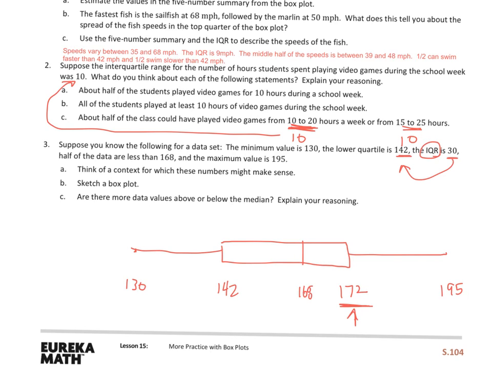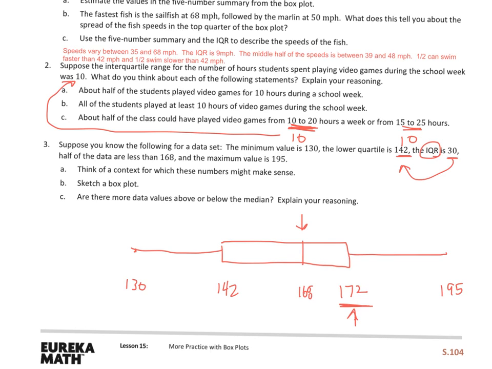C says, are there more data values above or below the median? So we know the median is right here. This is kind of a statement that we should know right away: the median tells us the halfway point of the data, meaning there should be an equal number of data values on either side of the median.